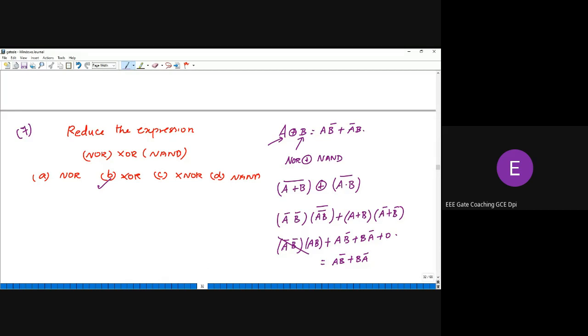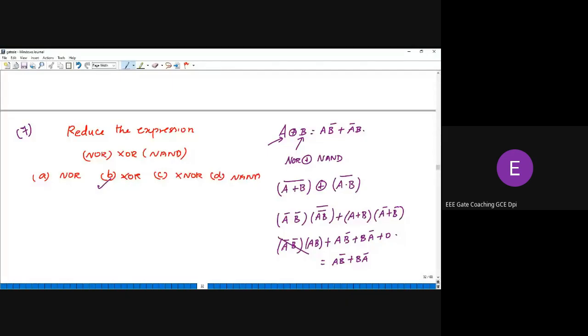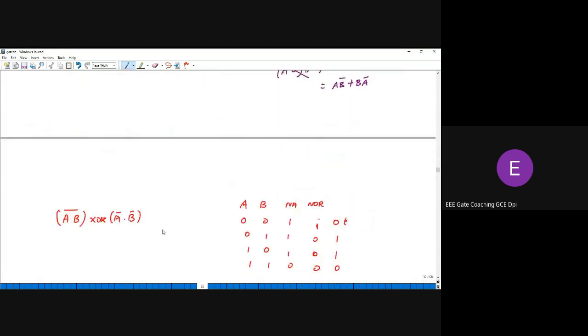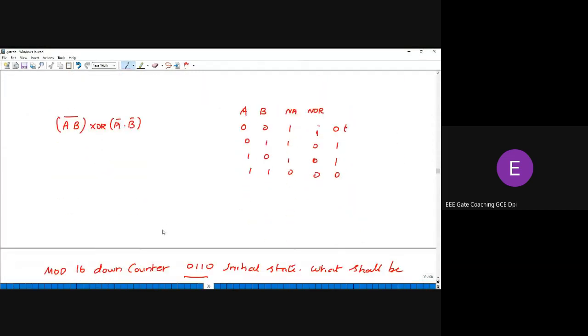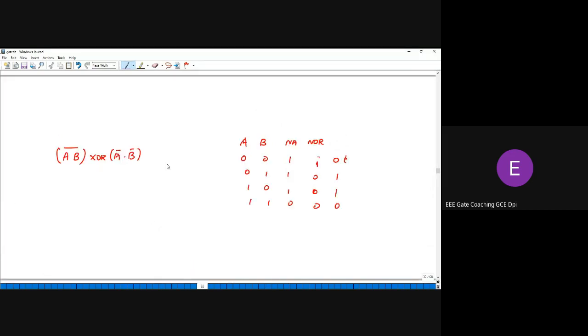How come you are getting X not with B partially? So in another way, I can solve.